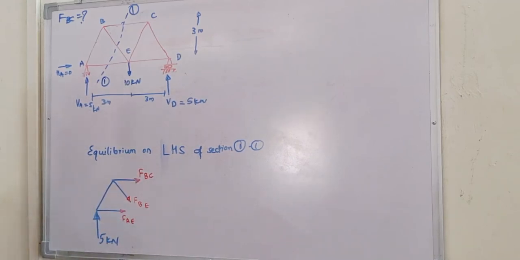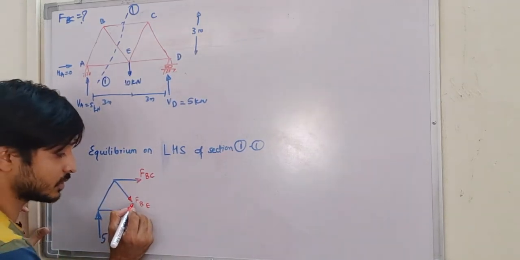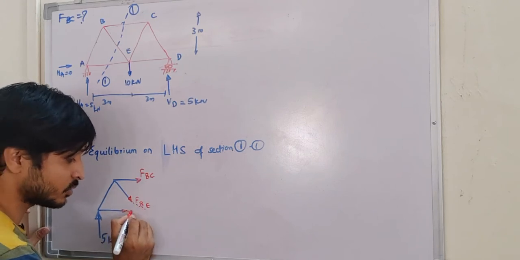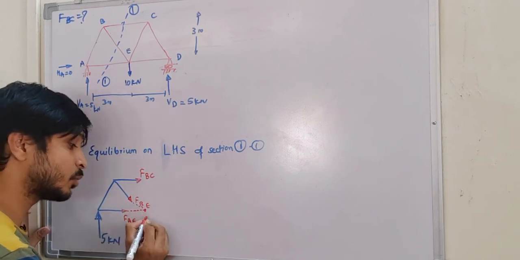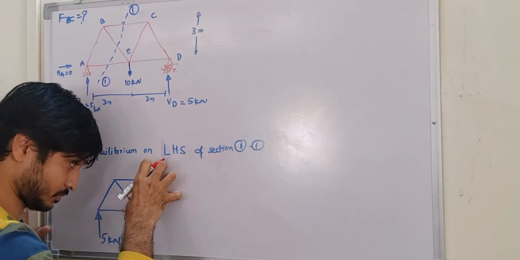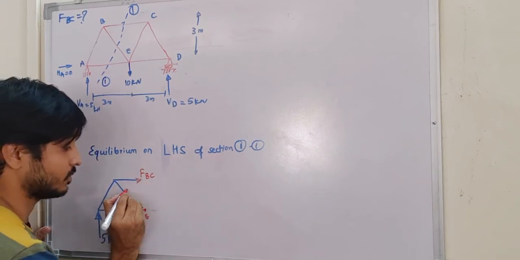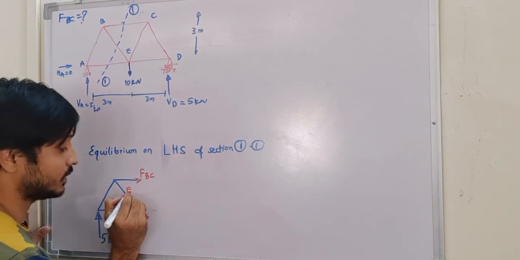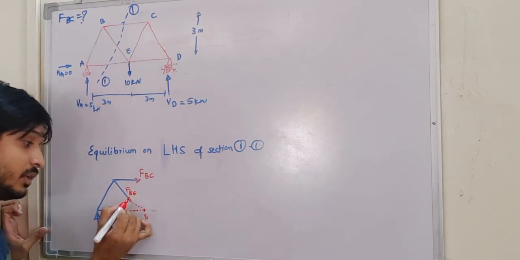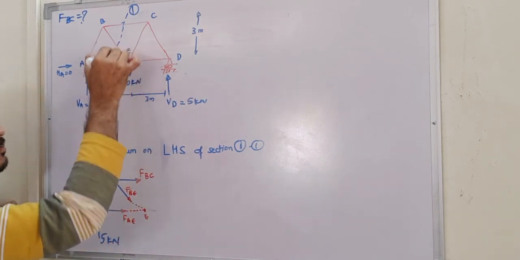So what we can do is, if I take the moment equation, I'll extend this one and this one, so they will meet at this point E. FBE, it is. If I extend these, they will meet at this point E. Correct?